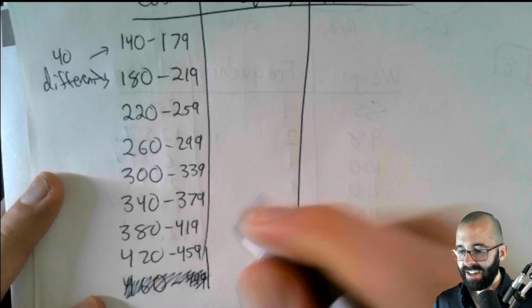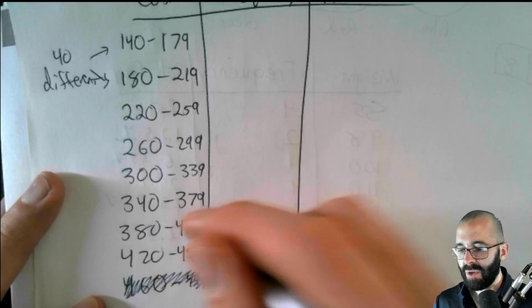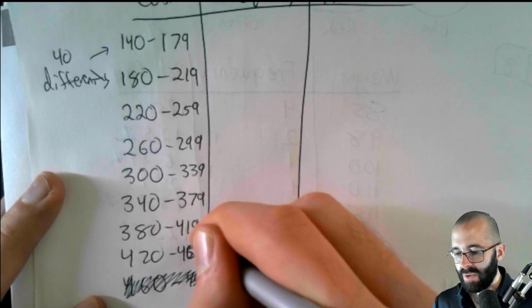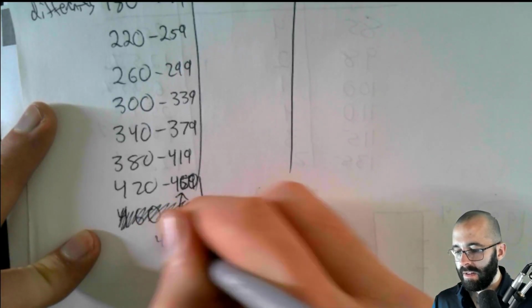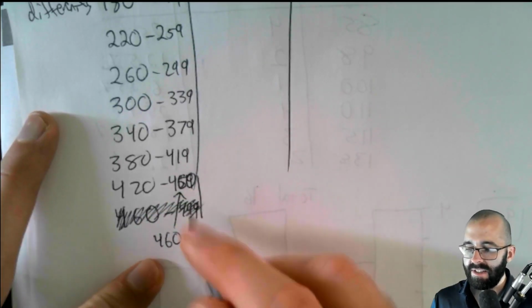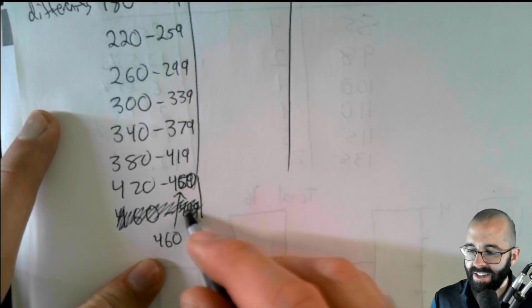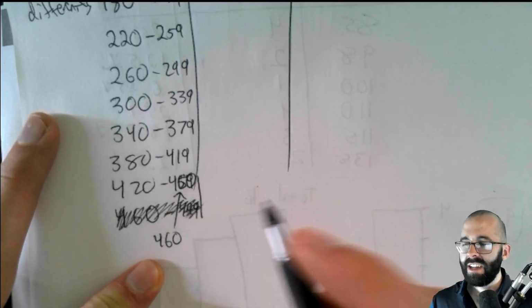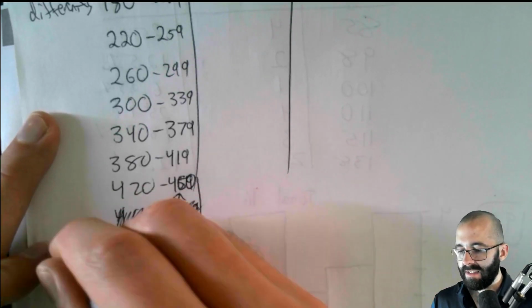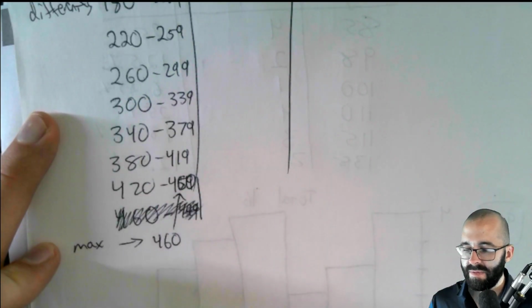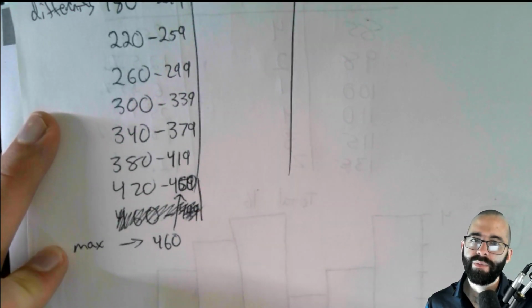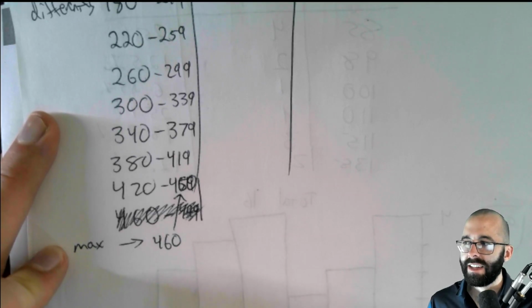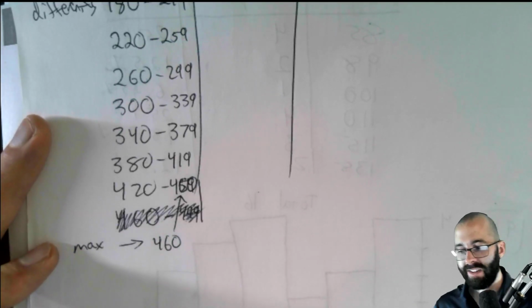The maximum data value is 460, so we're just going to include it in this last one. And this is very common. I just kind of got ahead of myself. 460 is the max, and we'll include that in the last one. We want them to be all equal in size, but the way it works out is that the last one's going to actually be 1 unit bigger.